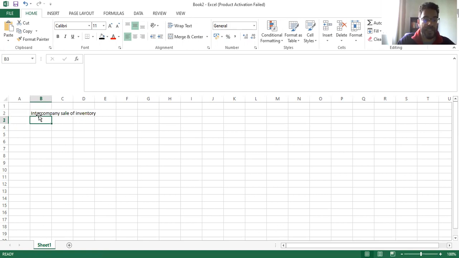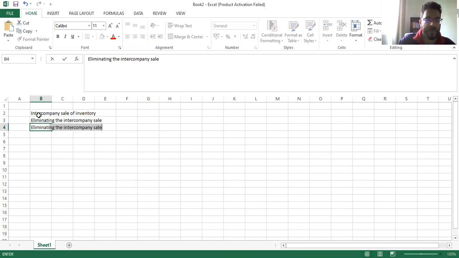Number one, eliminating the intercompany sale, then eliminating the unrealized profit in current year closing inventory.